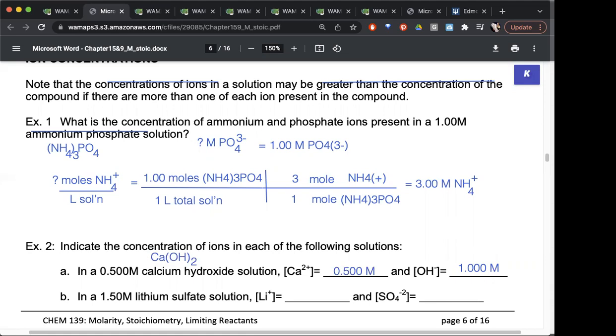Lithium sulfate, similar kind of a question. In this case, we're looking at lithium with SO4, which has a 2 minus. So that's going to be 2 lithium for every 1 sulfate.